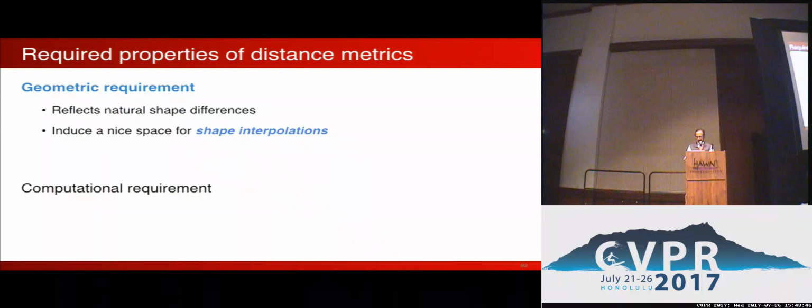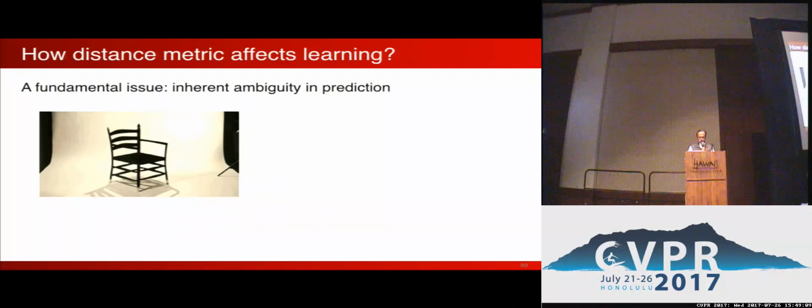I want to point out that these distances are naturally differentiable, both the earth mover's distance and the Chamfer distance, except for sets of measure zero. That is, as you start moving the points, there will be certain discrete instances when the associations change. But that set is a very, very small set in the space of all configurations of points.